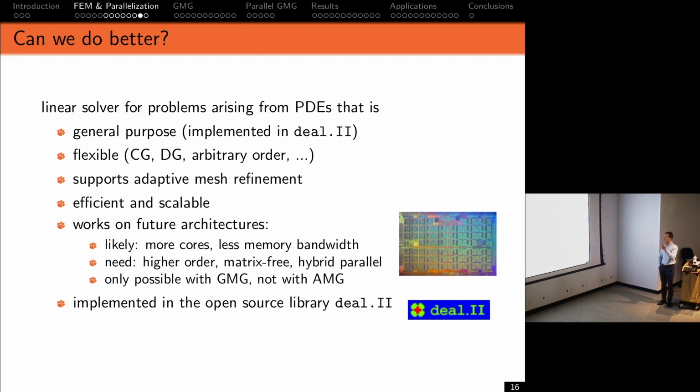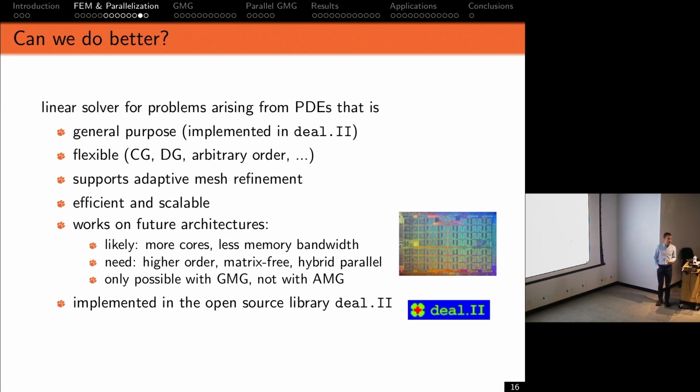And again, I don't know how the future looks. I don't know if it goes towards Xeon Phis in that direction, more towards GPUs or more general purpose CPUs. But I think we can agree that it's very likely that we get more cores, less memory bandwidth. And what that means for me is we need to use higher order methods because they are more intensive, arithmetically speaking.